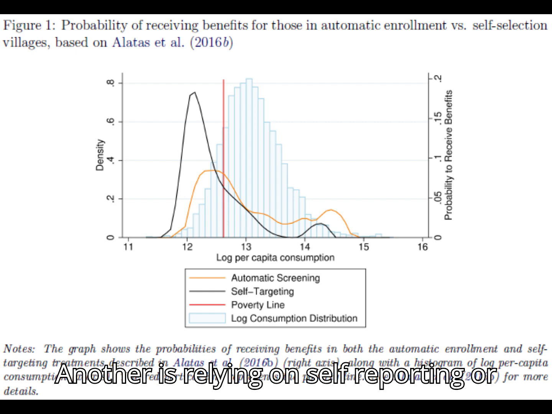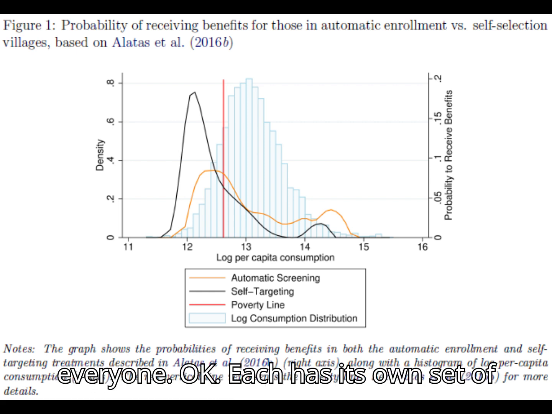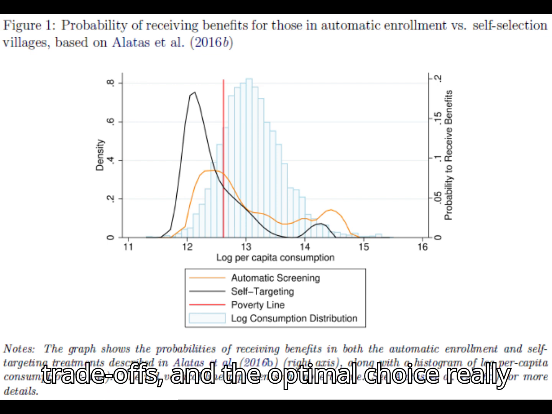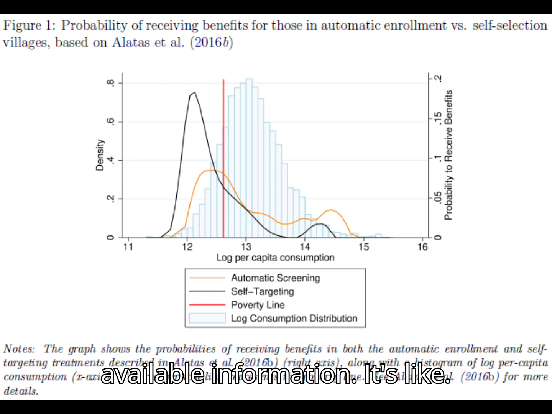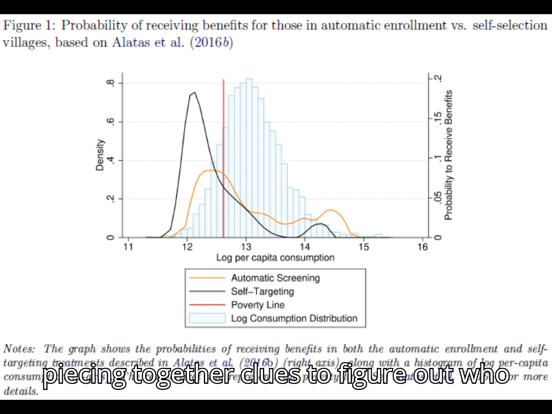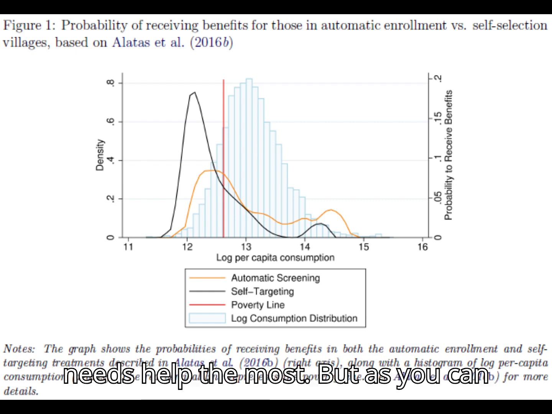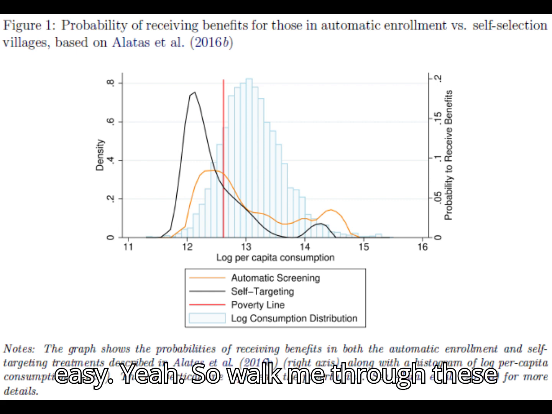Another is relying on self-reporting, or simply providing universal transfers to everyone. Each has its own set of trade-offs, and the optimal choice really depends heavily on the quality of available information. It's almost like a detective game, piecing together clues to figure out who needs help the most. But as you can imagine, it's far from perfect. So walk me through these approaches.